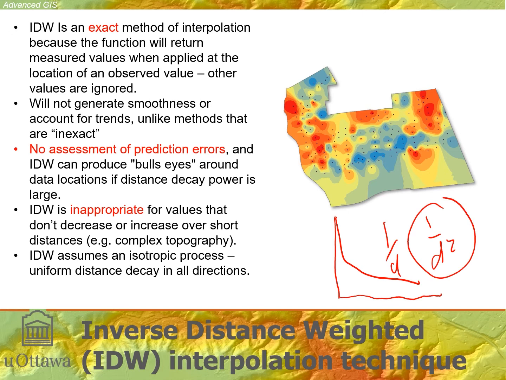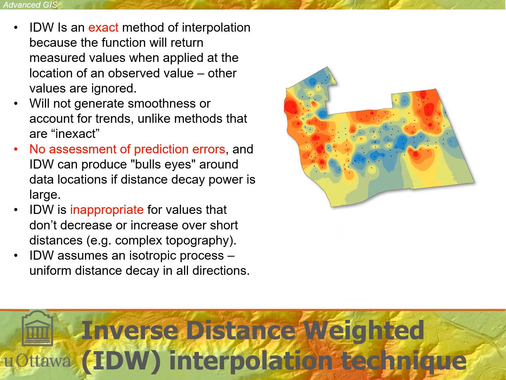So you have a very rapid decrease in the weight of influence for locations as they are at a distance from the point to be estimated. And so if your variable isn't the sort that decreases that rapidly in space, inverse distance may not be appropriate for your interpolation. It also assumes that we have an isotropic process.